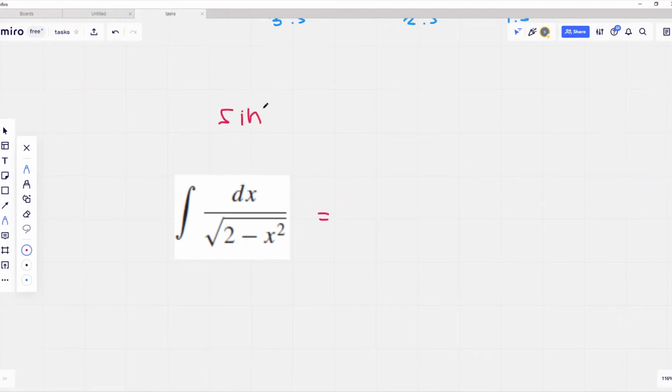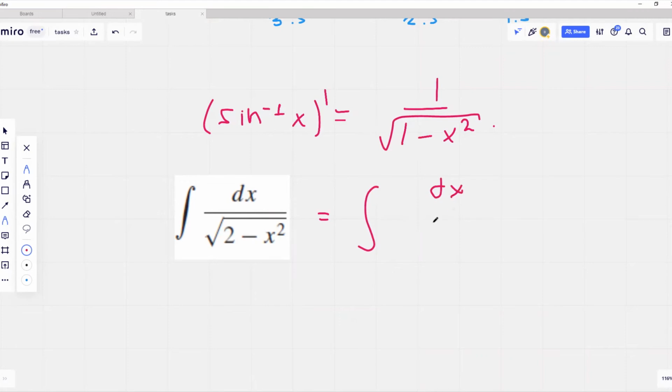The derivative of arcsine of x is equal to 1 over the square root of 1 minus x squared. Now this integral is similar to the derivative of arcsine, so we'll try to bring it into this form. Let's try to factor 2 out of the square root here.